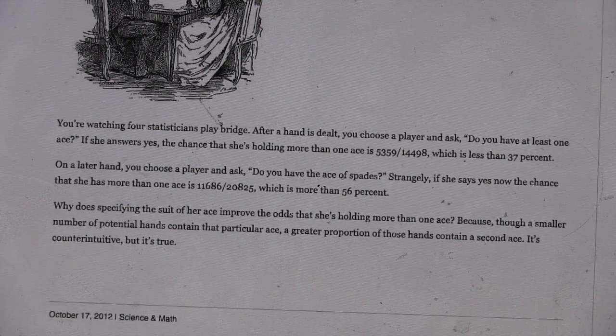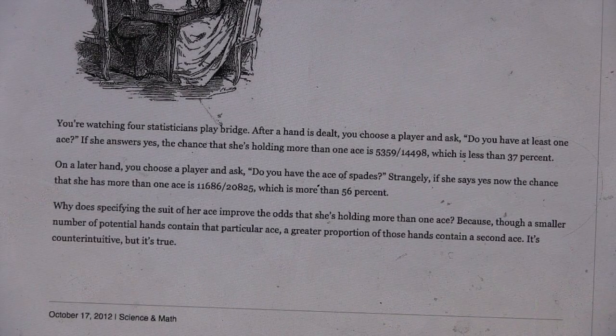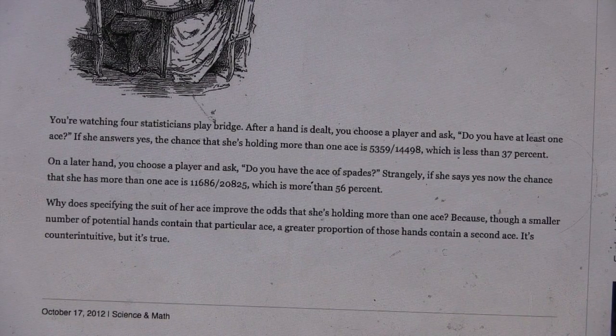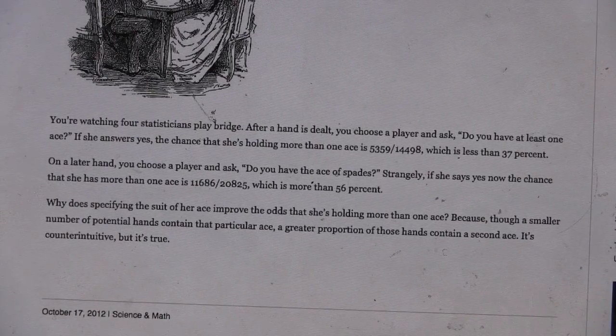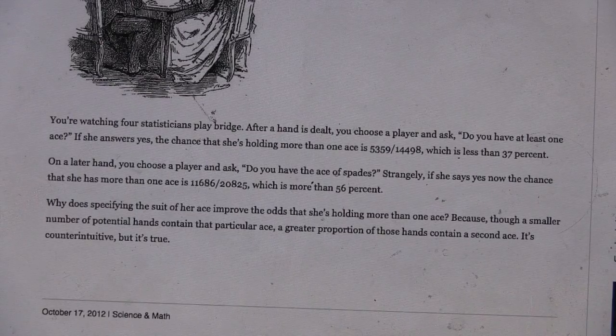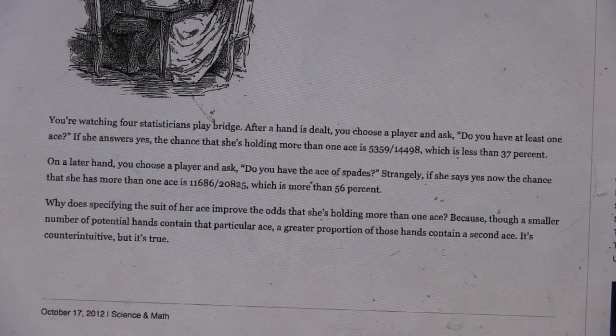So it's either you get the specific ace, or just if they have at least one. What do you think causes this strange probability situation to arise? I don't know, actually.